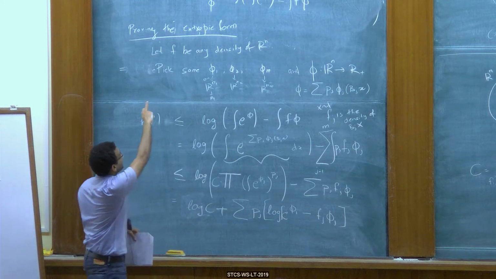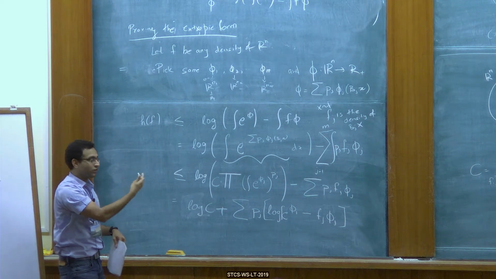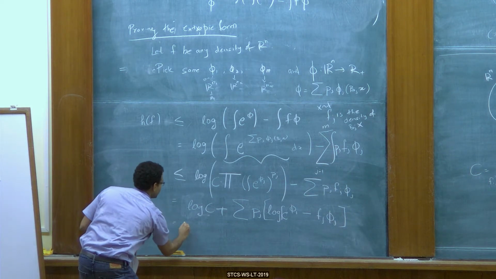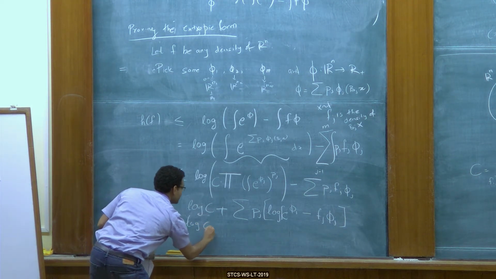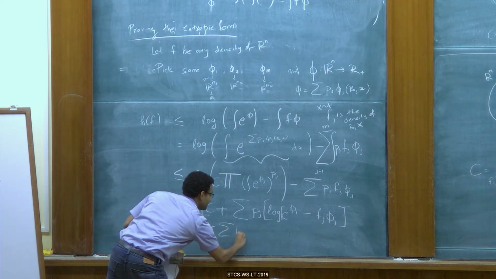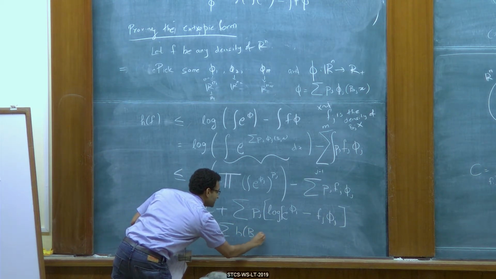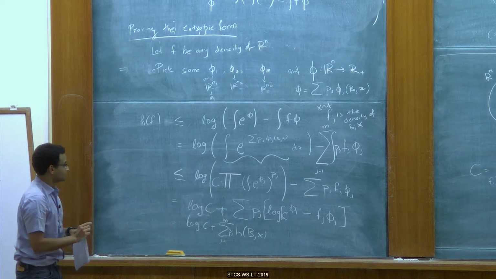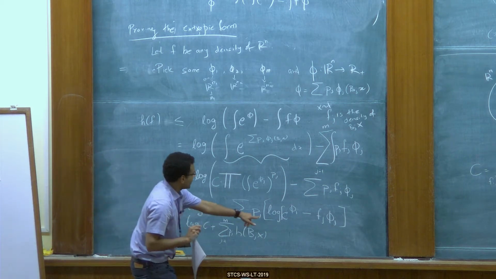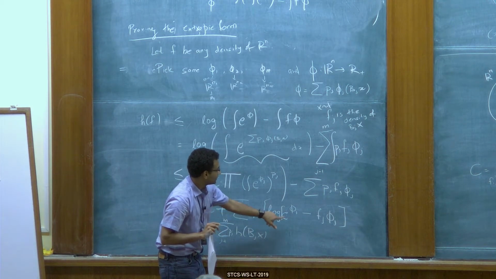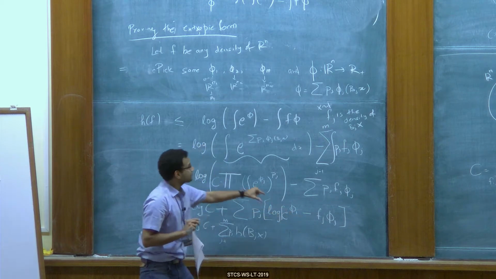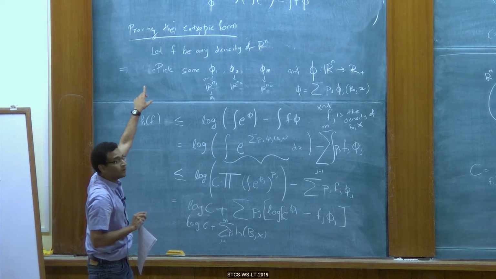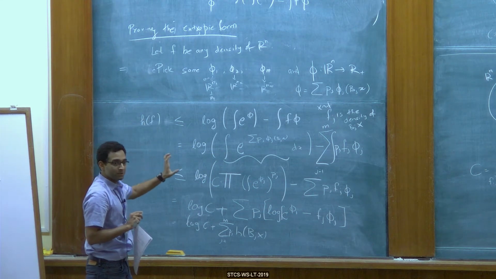You get h of fj, which is the entropy of bj of x. So what you end up getting here is log of c plus the sum of entropy of bjx times pj, j equals 1 to n. Okay, so this log of integral e to the phi j minus fj phi j, I'm going to plug in the best possible phi.